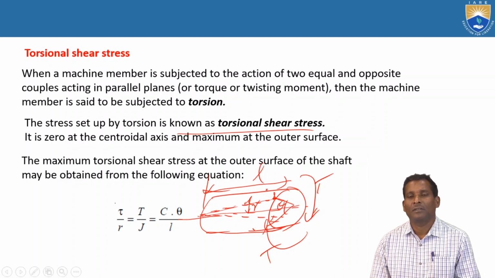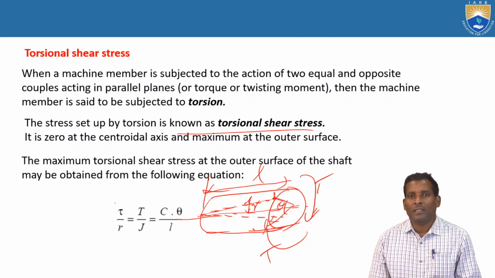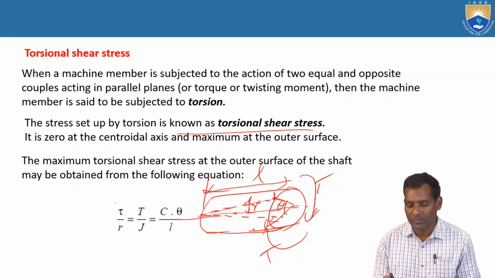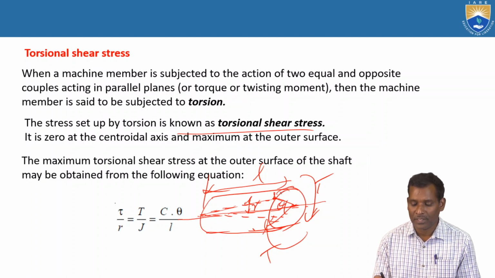These are the radius. The shear stress is 0 at the centroidal axis. The torsional shear stress at the center is always 0, and it is maximum at the outer surface.